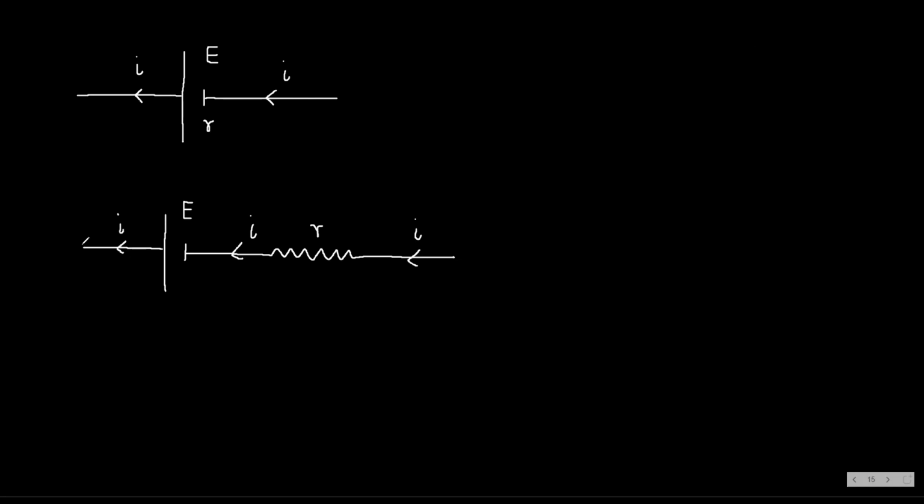This point is considered as X and this point is considered as Y. Then this is I into R, simple I into R, and this one is simple E. Now this is Y.